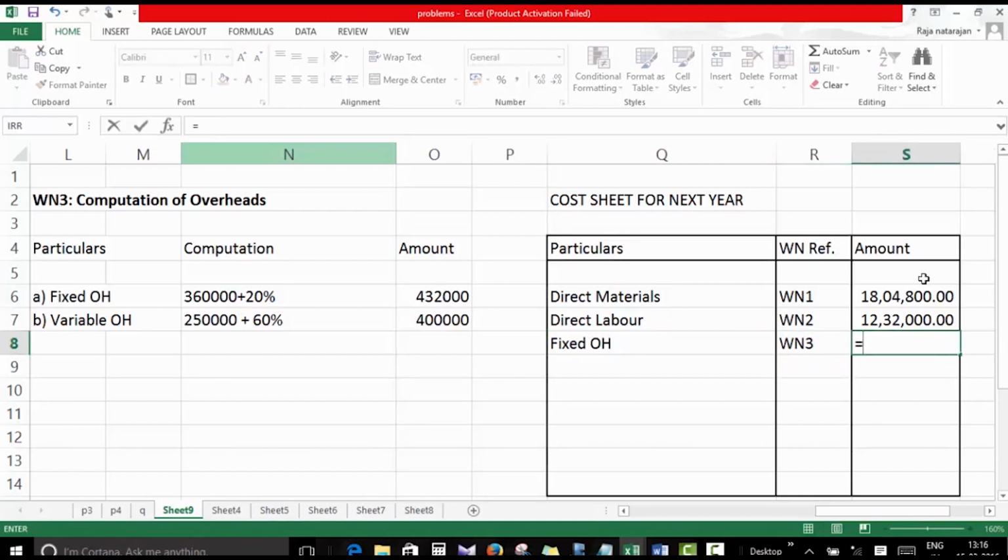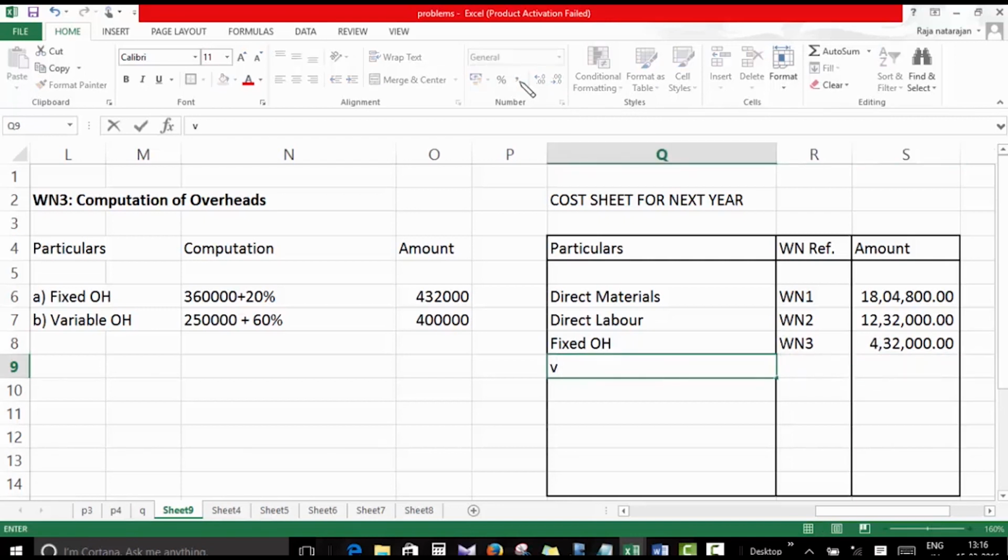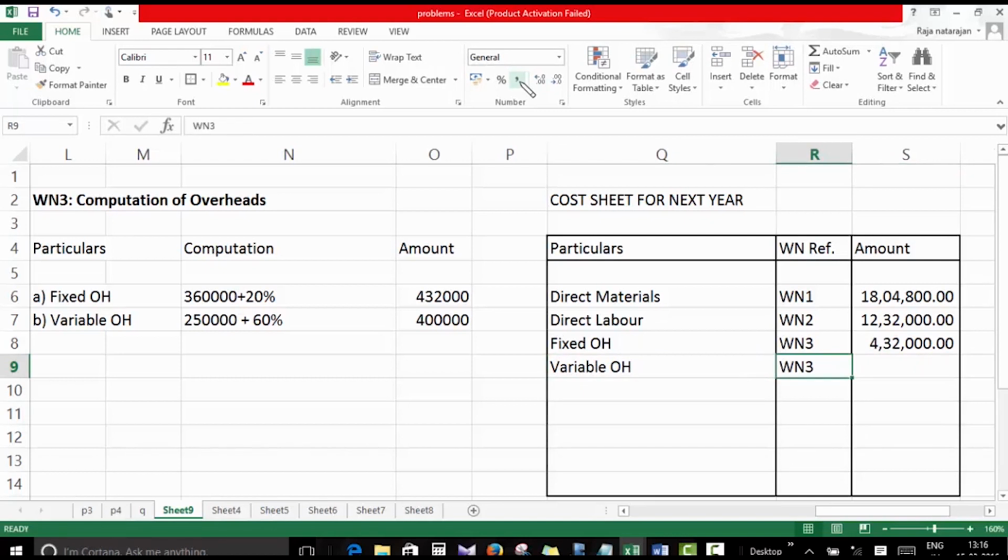Let us pick up the amount. It is 4,32,000. Then we have variable overhead. That also comes from working note 3 and it is 4 lakhs. If we add all this, we'll get the total cost of production.